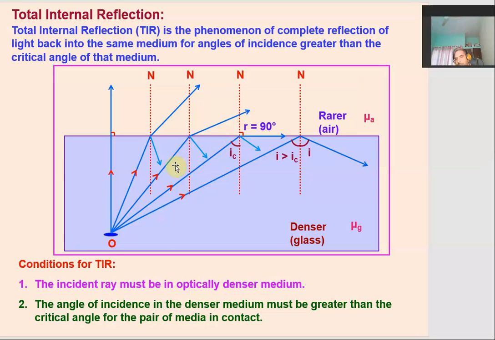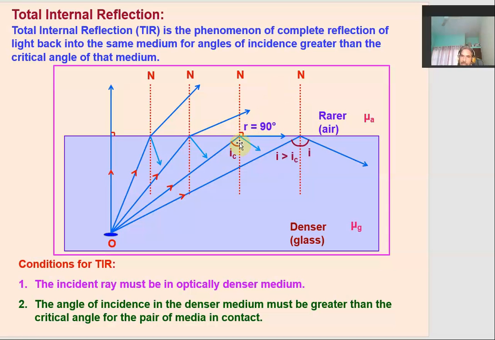So whenever we keep on increasing the angle of incidence for the light rays coming from this source placed in a denser medium, there will be one angle for which the light ray will go parallel to the interface. No light ray will enter the other medium, the rarer medium, right?